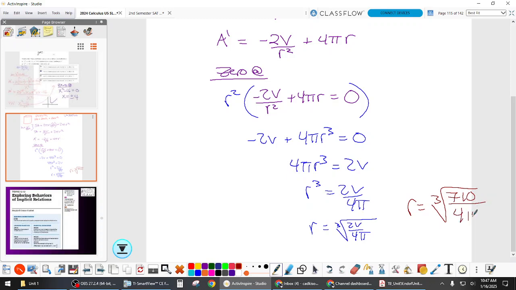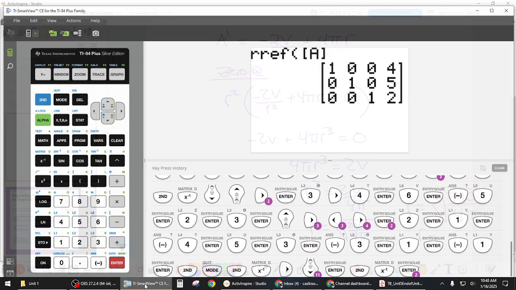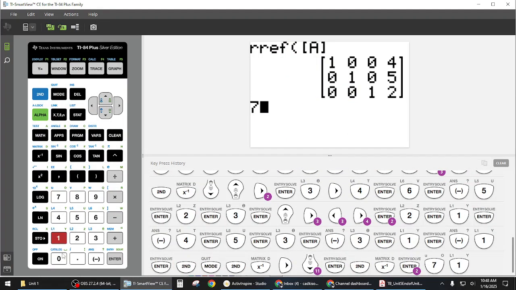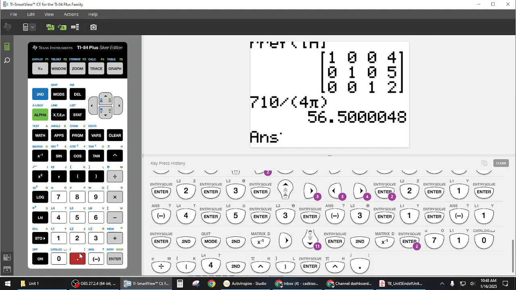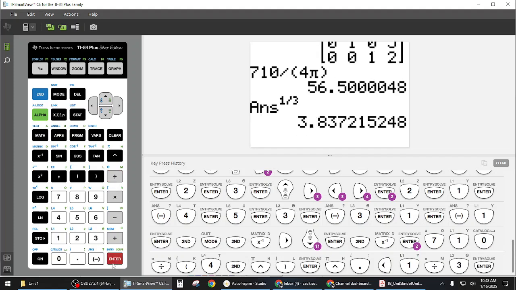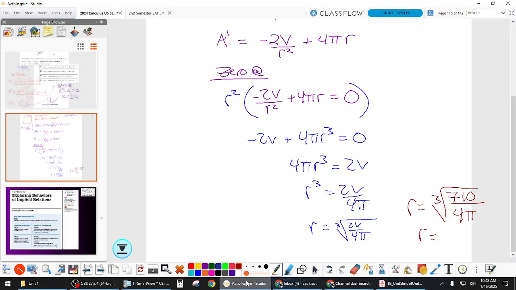Over 4 pi. Let me put actually 1/3 in there. 1/3. There we go. So 3.837 in AP notation.